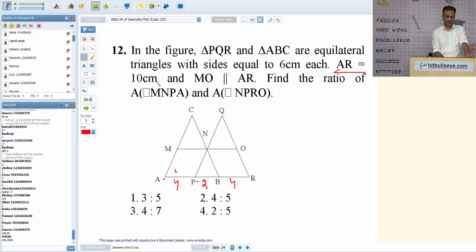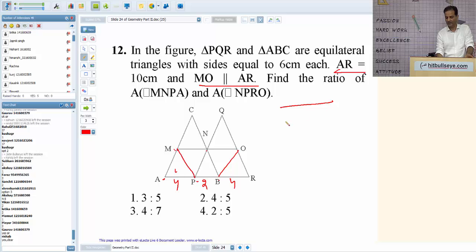Now friends, if MO is parallel to AR, that means MN is parallel to AP. And we know that drawing a diagonal in a parallelogram divides it into two equal parts.